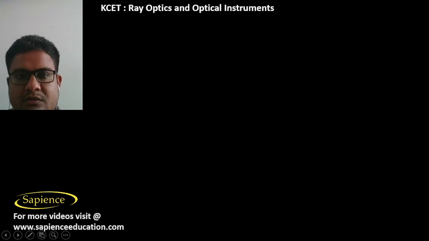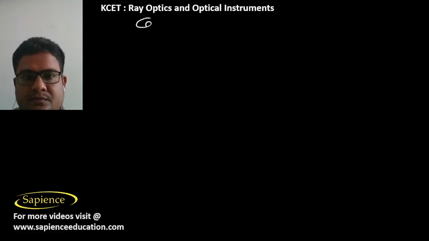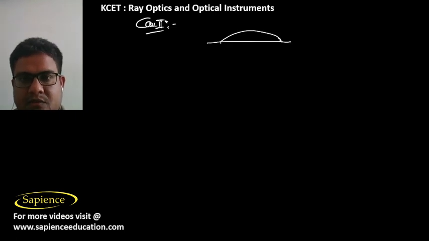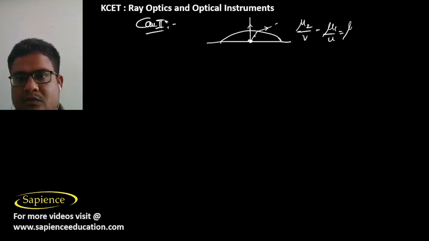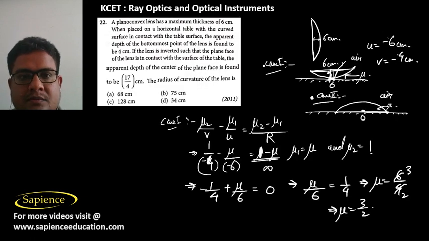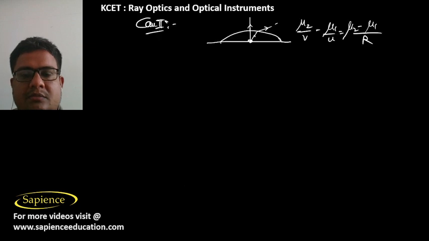And then for case 2, the light ray is going from lens to air. So here also mu2 by v minus mu1 by u equals mu2 minus mu1 by r. Here the apparent depth is 17 by 4 centimeters.